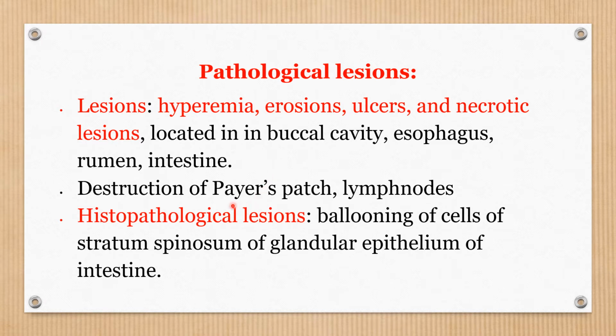The characteristic lesions are the destruction of Peyer's patches and lymph nodes. The histopathological lesions are ballooning of the cells of the stratum spinosum of the glandular epithelium of the intestine.